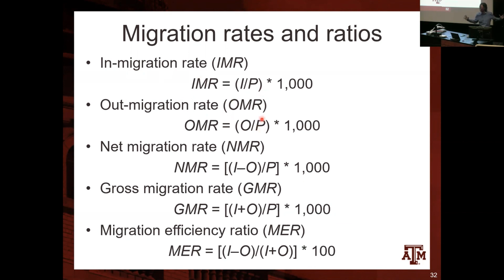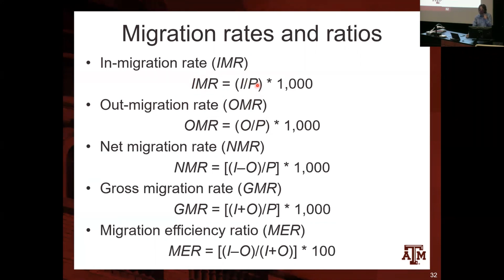The population that is at risk of getting into the numerator, of experiencing the event that we are measuring in the numerator. So the population in the area of origin has a chance of getting out and coming to the numerator. But the population in the area of destination is already in the destination area. So that person cannot be an in-migrant because that person is already in the destination area.